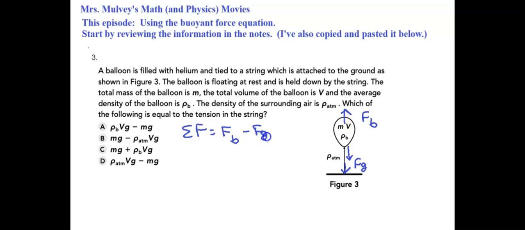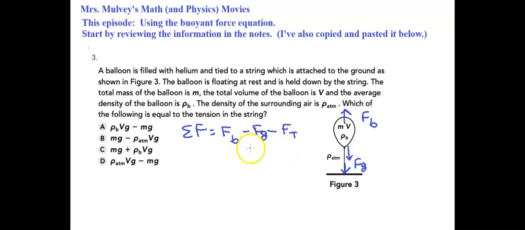I'm going to put the negative in there because it's downward, minus the force of tension, because that string's also pulling the balloon downward. I should say, keeping it from floating upward. And so I made upward positive and downward negative. And so that's the sum of the forces.